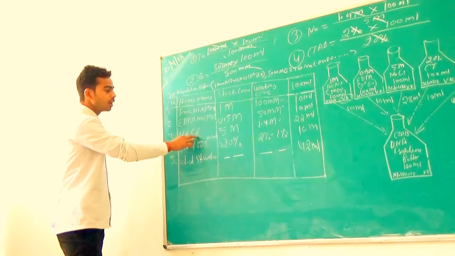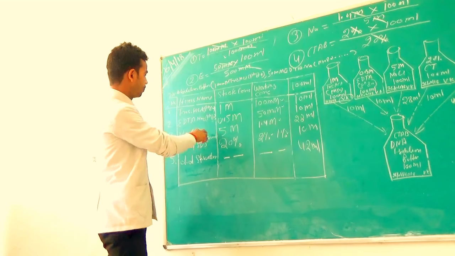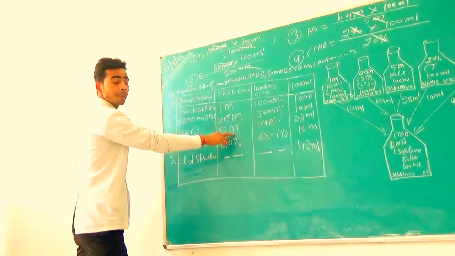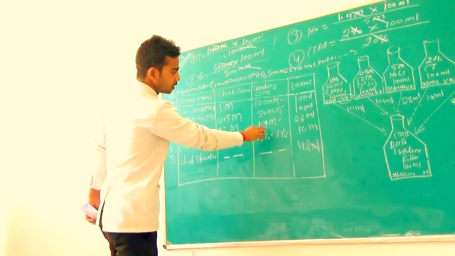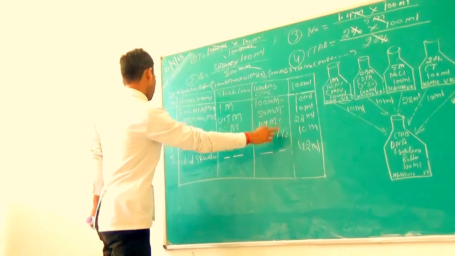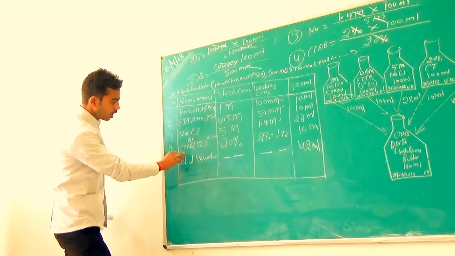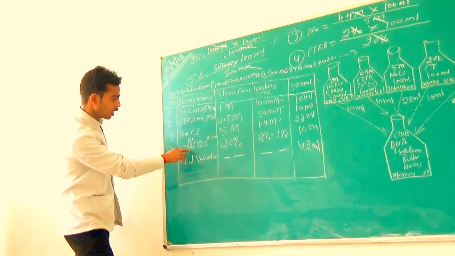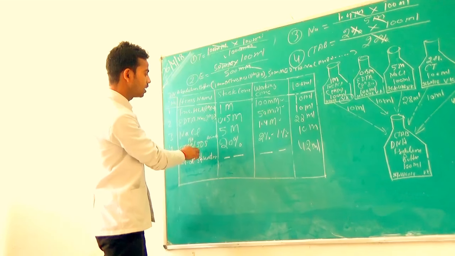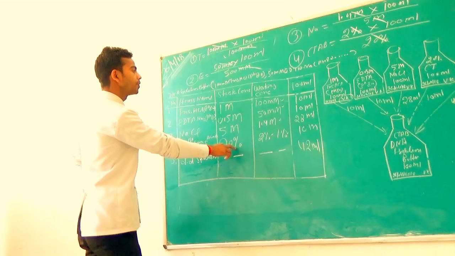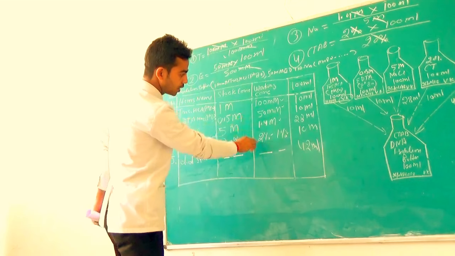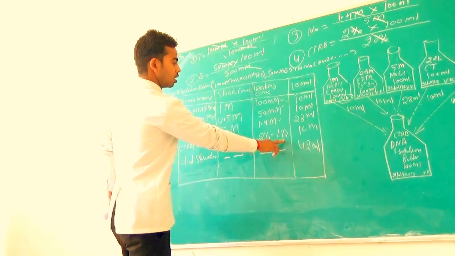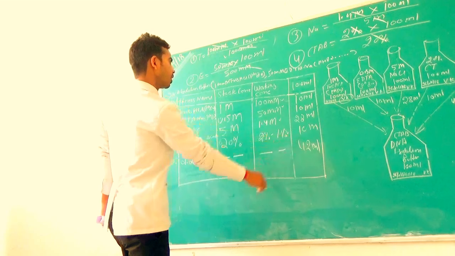And third NaCl, stock concentration 5 molar, and working concentration 1.4 molar. And fourth CTAB and SDS, 20% stock concentration and working concentration 2%, and 1% for SDS.